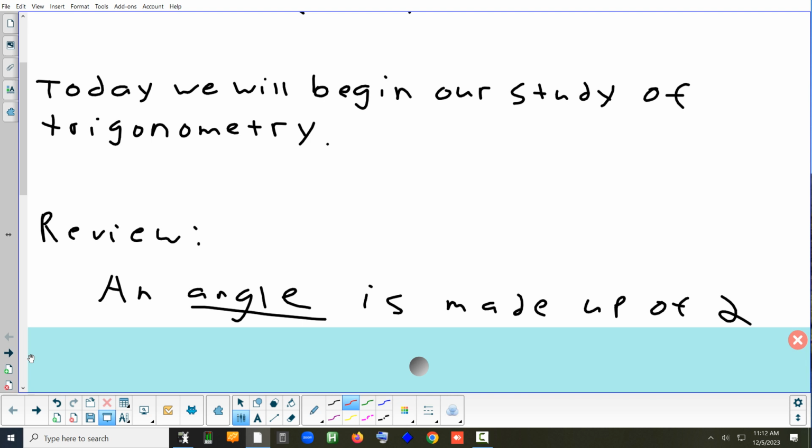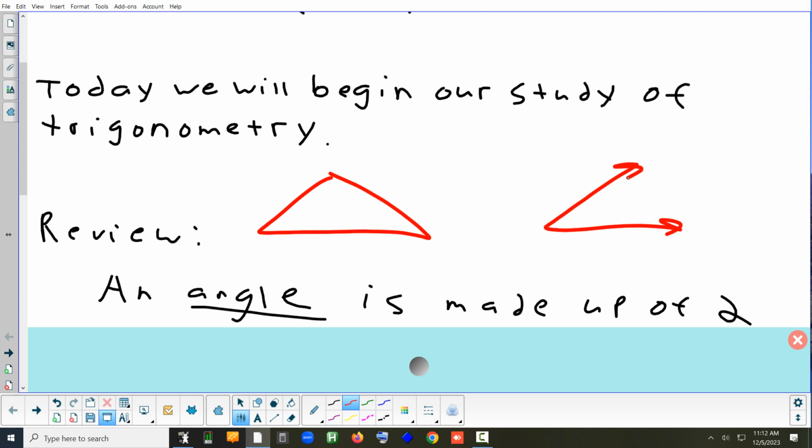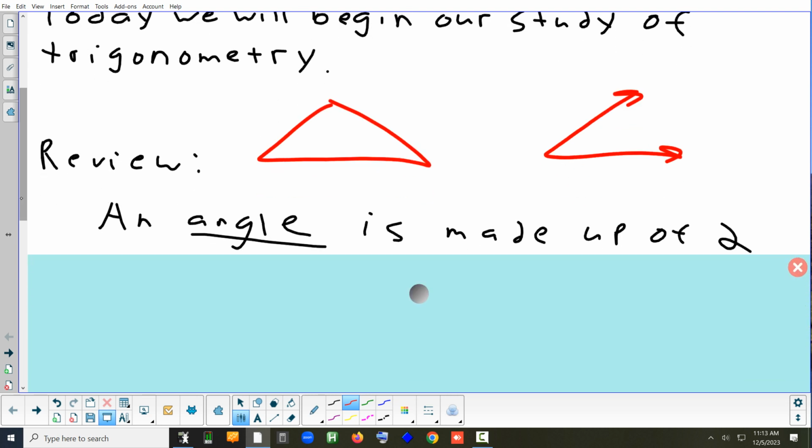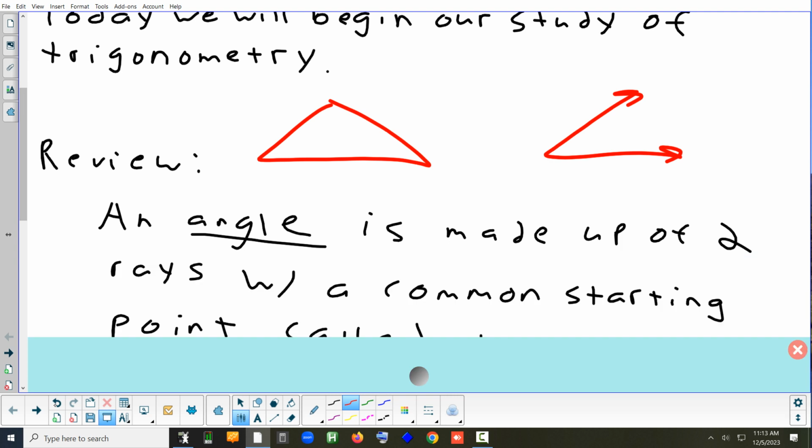So in a triangle, there are 3 angles. Each angle in a triangle is made up of line segments. When you talk about an angle in a polygon, the 2 sides of the angle are line segments. When you talk about an angle drawn by itself, that's not a polygon, just an angle. We usually don't call these line segments; those are rays. So there are really 2 ways you can draw an angle, by itself or in a polygon.